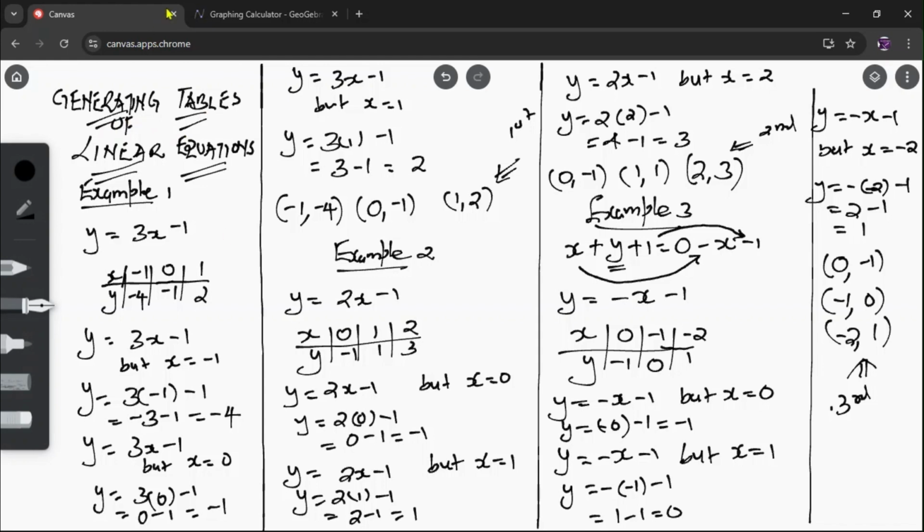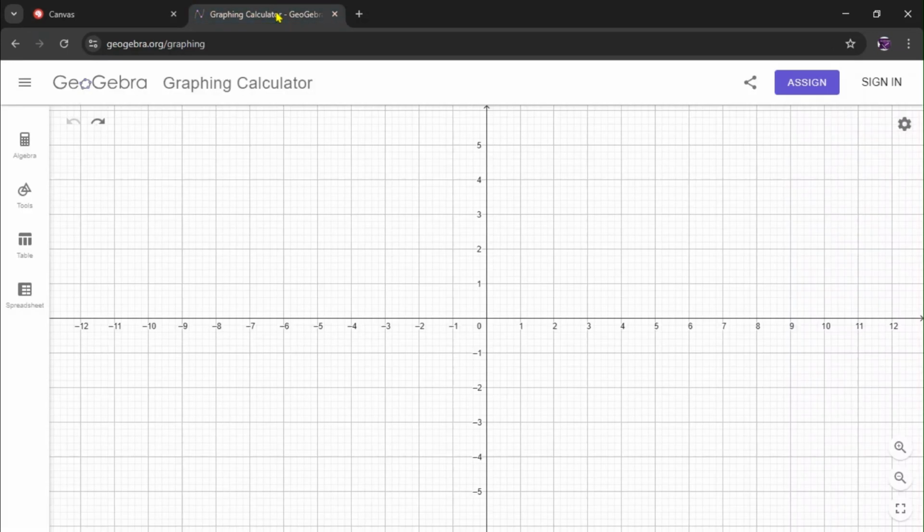Okay, so this is my graph. I hope you remember that this one is our x-axis and this one is our y-axis. Then I have drawn my scale here, and I've labeled my axis. So do the same.